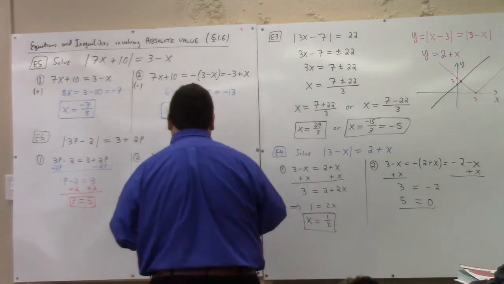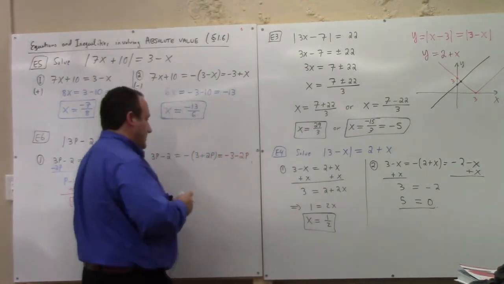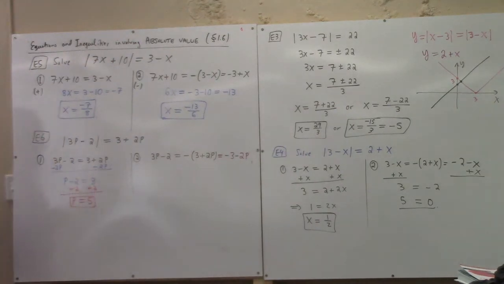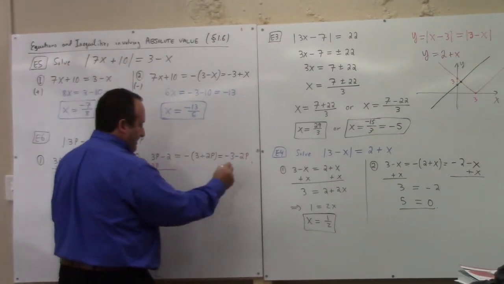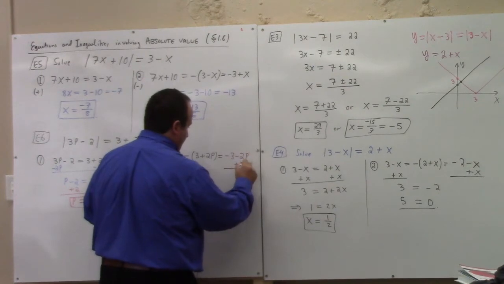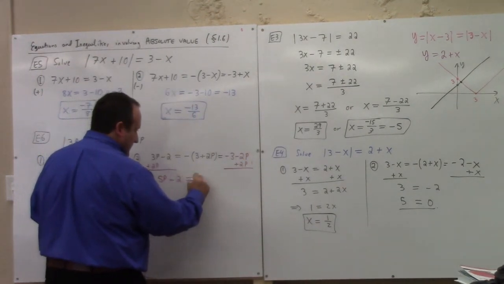So I distribute the minus. I've got my minus 3 minus 2p, right? Let's add 2p to both sides, right? That gives me 5p minus 2 is equal to minus 3.